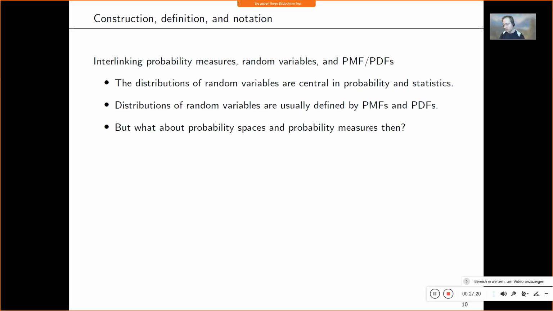And then actually in math, and that's something I didn't mention yet, often you might not even talk about random variables, but you just talk about measurable mappings or measurable functions, which in the mathematical world of probability theory are equivalent to the notion of random variables.